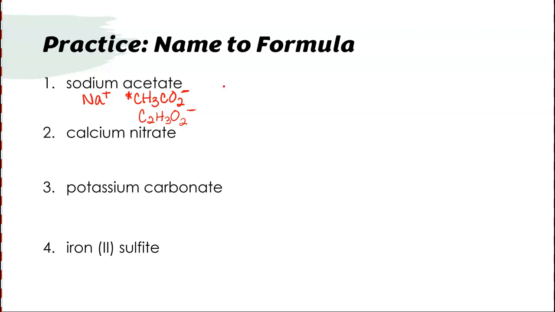So I would write this as sodium acetate, or sodium and then CH3CO2. Either way is acceptable.